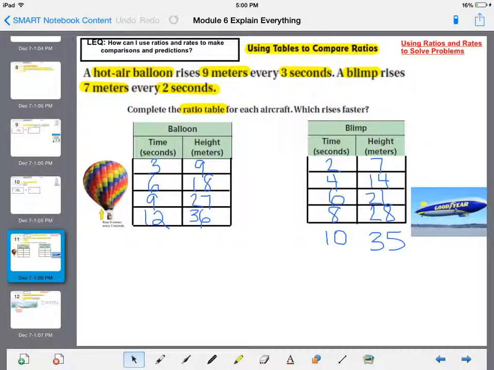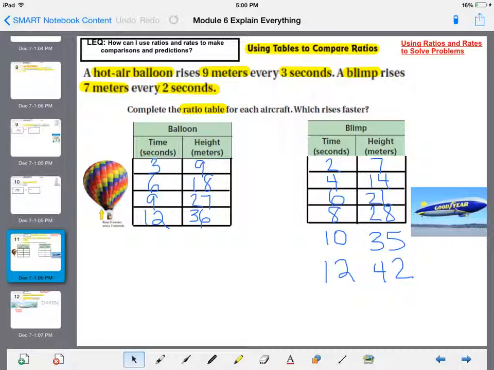And you went one more time, to 12 seconds, and another 7 was going to be 42. The reason you did that is you understood that you can use this table to match up, and by completing the table you can also compare rates.